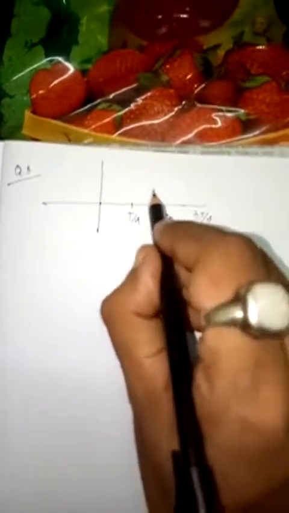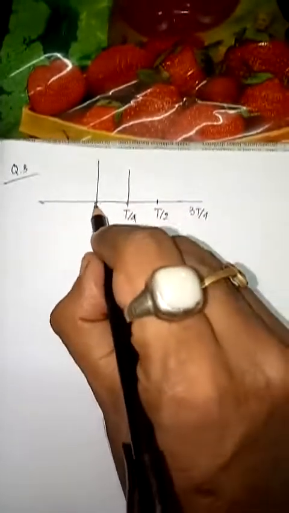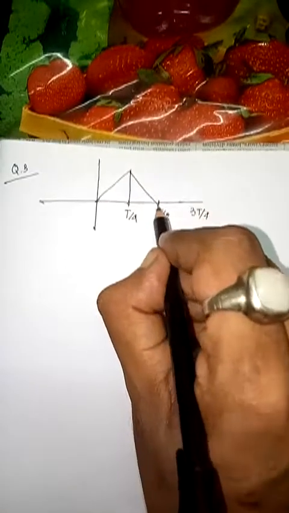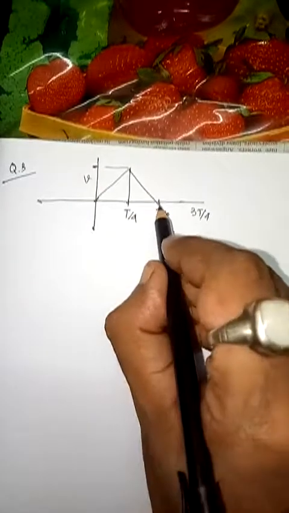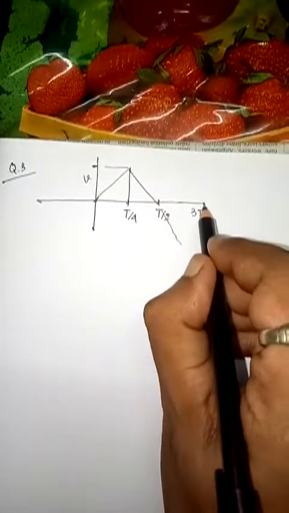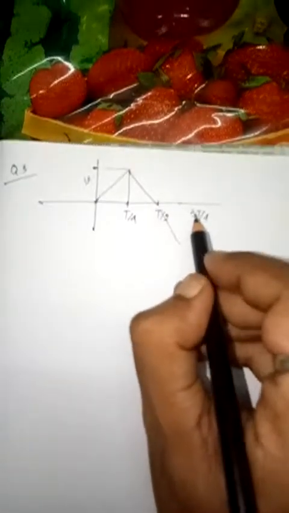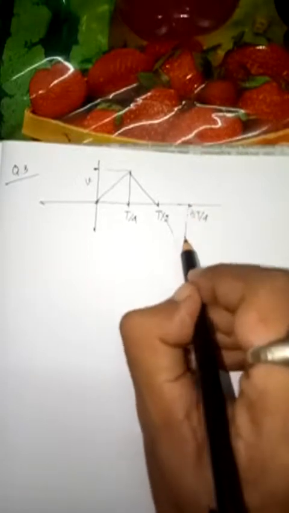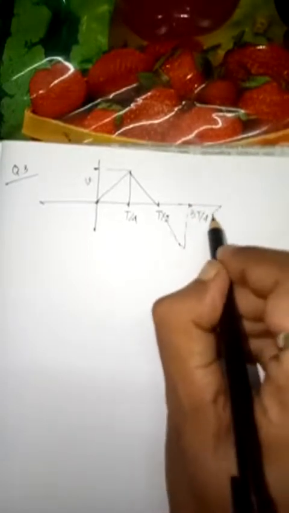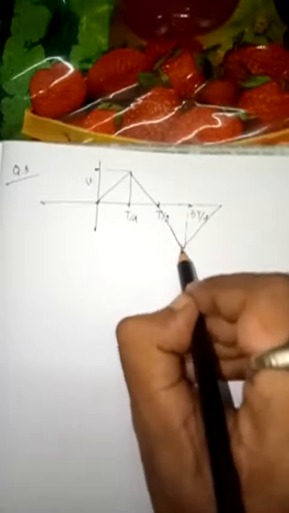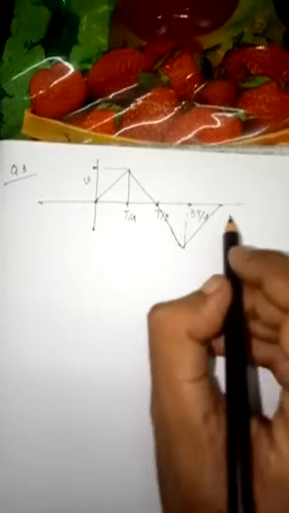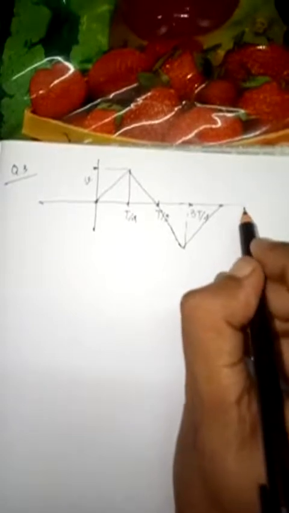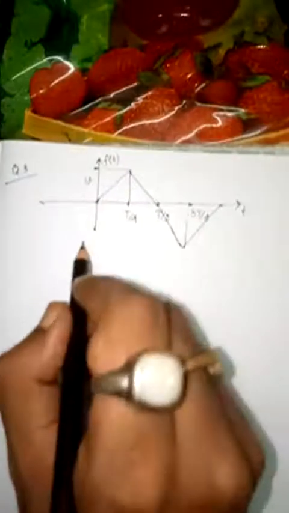If you consider it in this way, it is the peak V, and the negative peak. So the function looks like this. So what is the definition of the function? If this is t and this is f(t), what is the definition of the function?